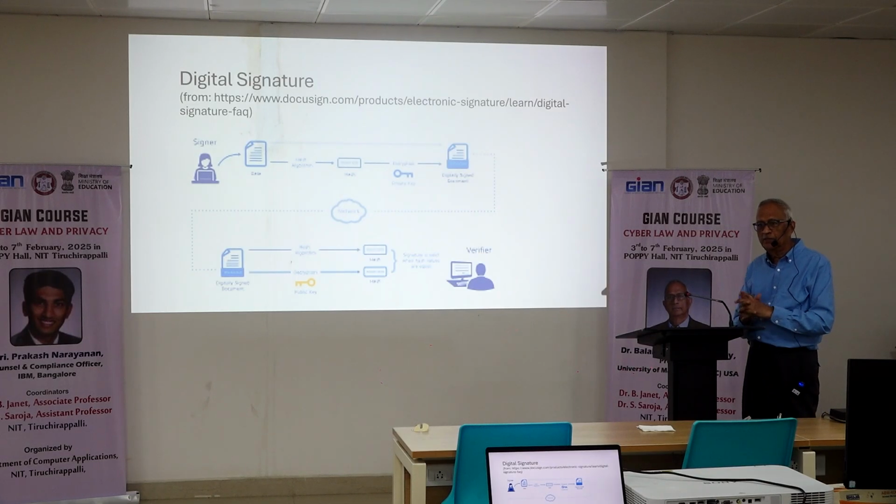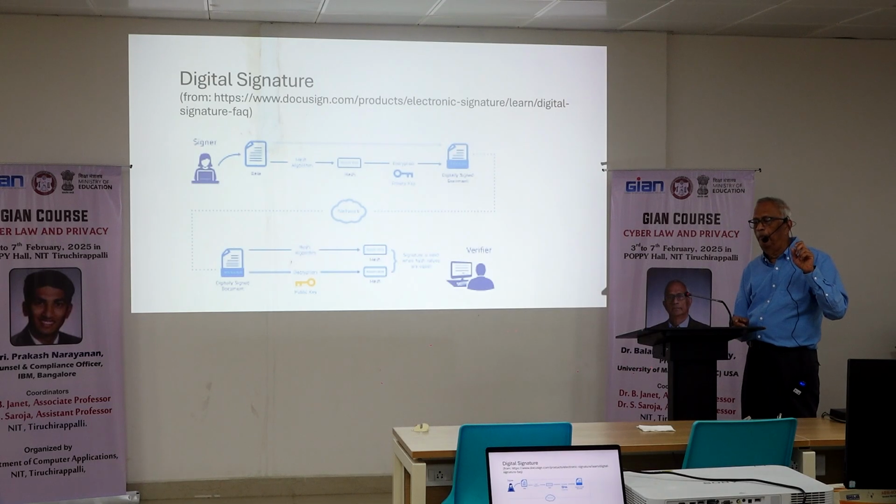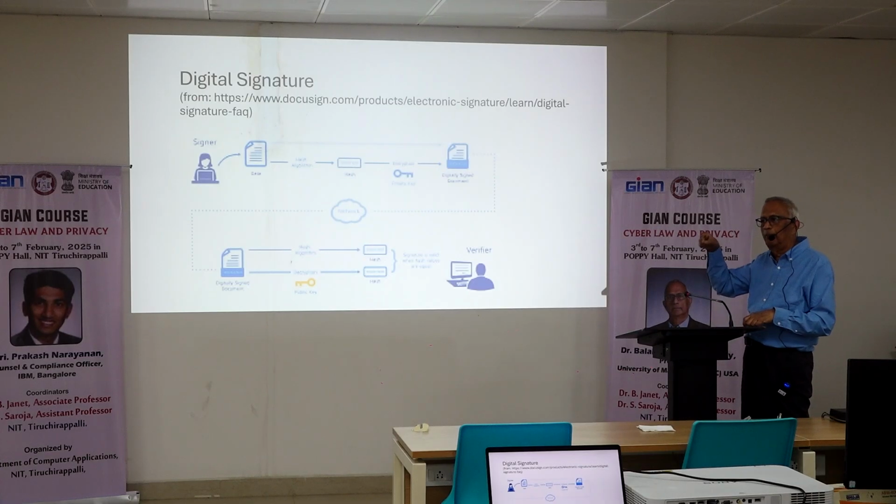The certification authority is the one who assures that the public key is the public key of the person who has the corresponding private key. In other words, you get the public key from the certificate authority.